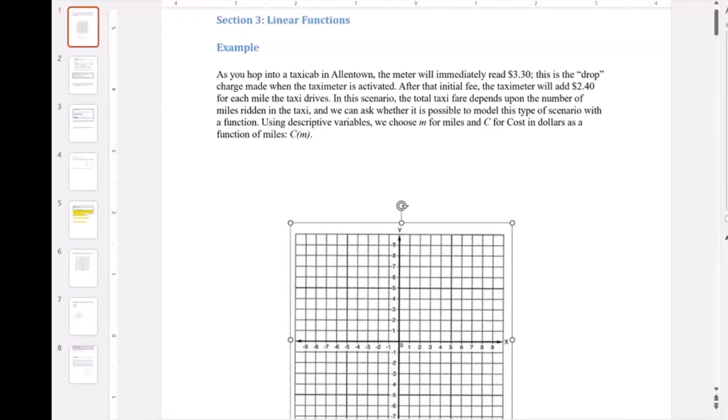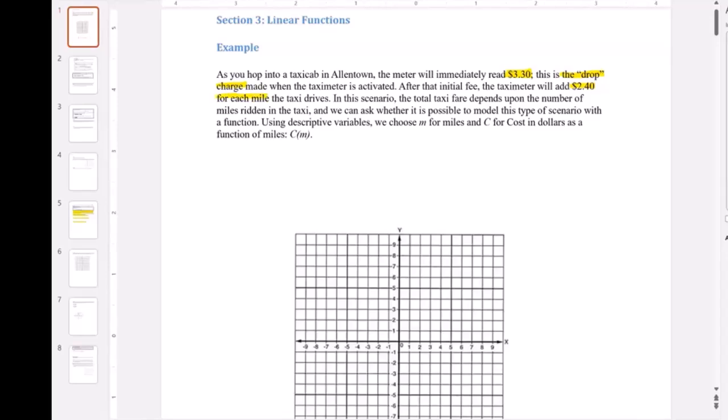So we start with $3.30, which is the drop fee, the drop charge. And then after we pay that initial amount, the taxi meter will add $2.40 for each mile. Okay.